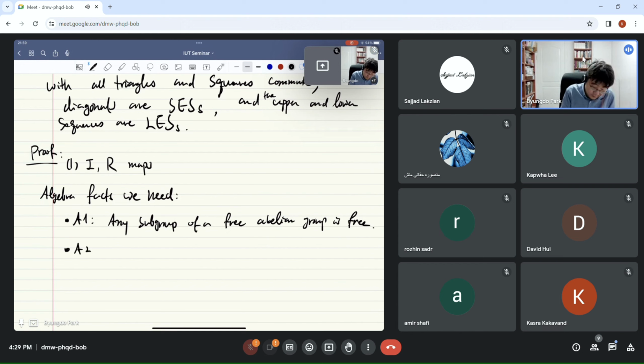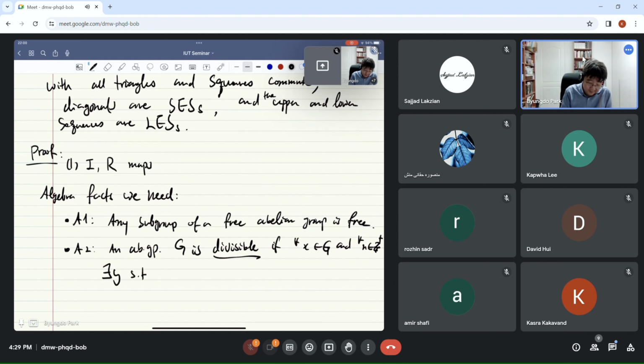And A2. So this is a definition. An abelian group G is called divisible if for any x in G and any n in the positive integers, there exists some y such that x equals ny.